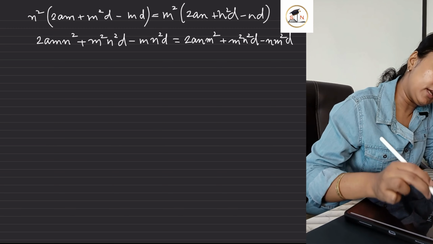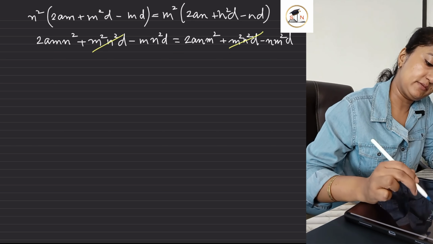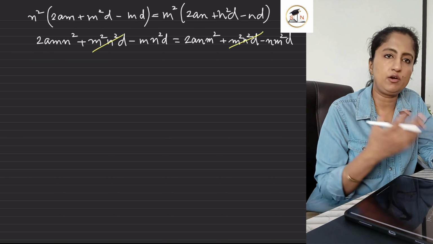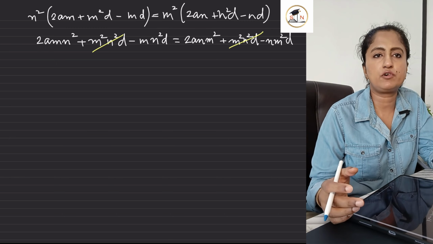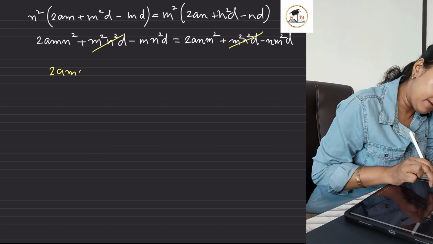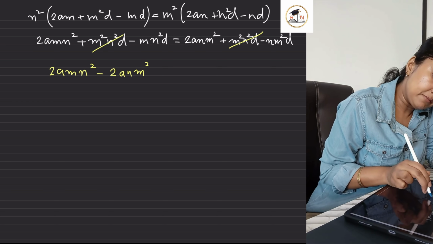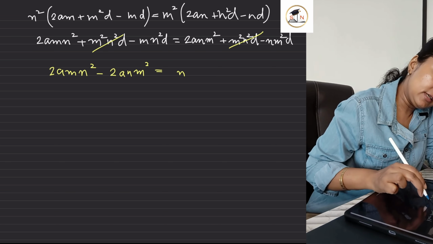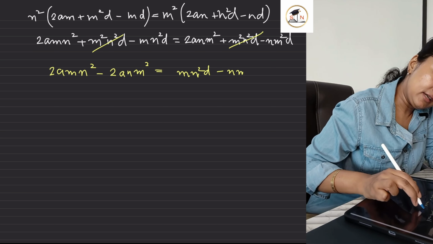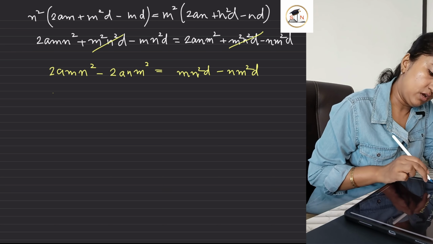Now what we can see over here, m square n square d can be cancelled out from both the sides. Okay, and I'm going to shift the terms belonging to a on one side and the leftover terms for d on the other side. So we have 2am n square minus 2an m square equals m n square d minus n m square d. Okay, now what do we get?